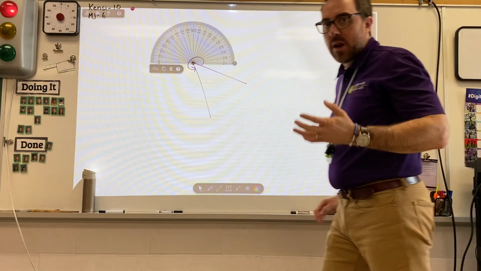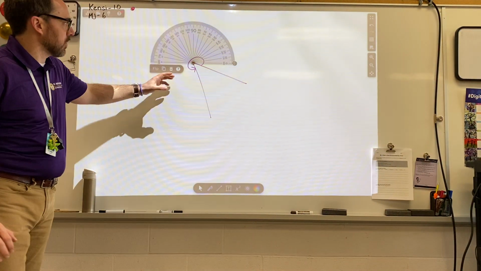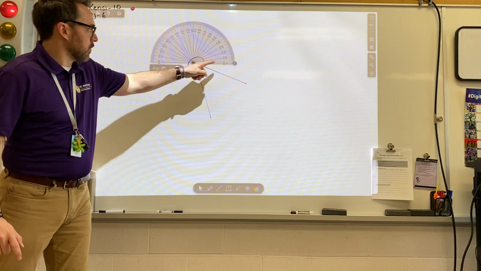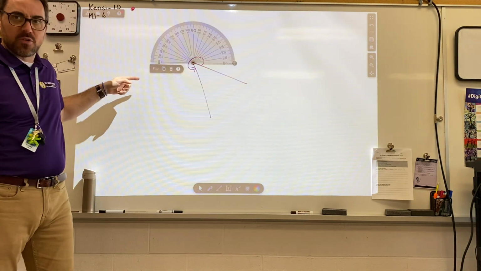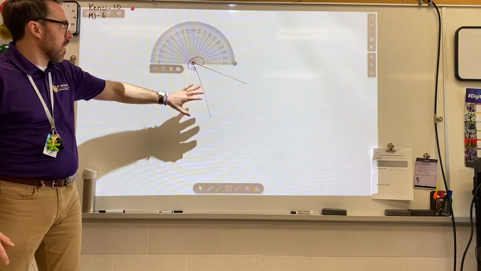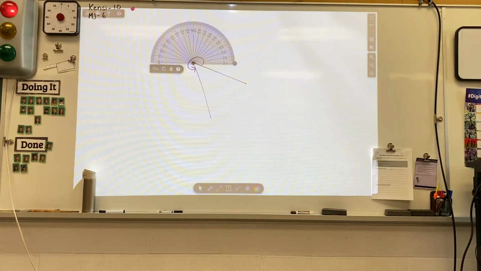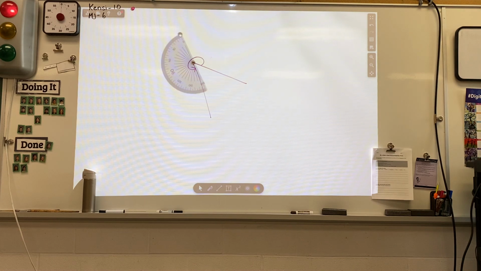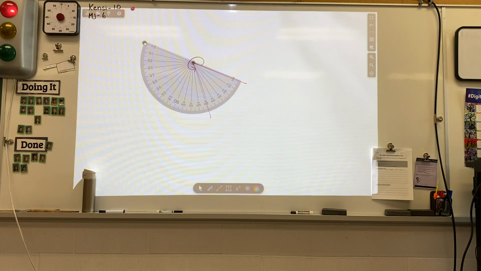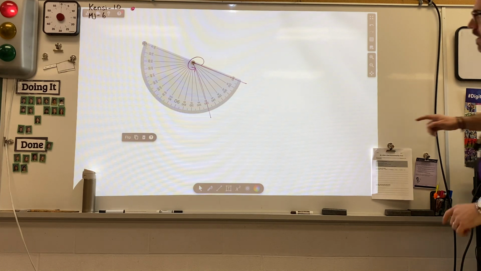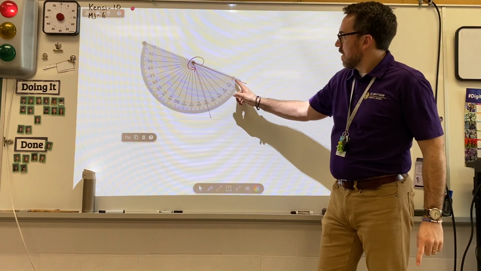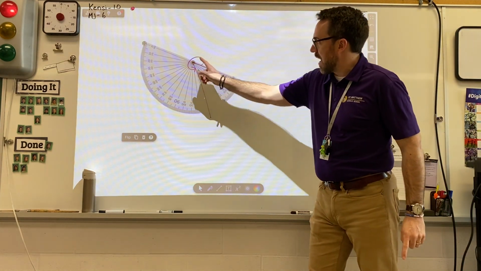So what I want to do is get one of those arms on the straight edge of the protractor and have the other arm also somewhere on the protractor. So I can flip this around here. Okay? So here we go. Now I have this arm here on the straight edge of the protractor.